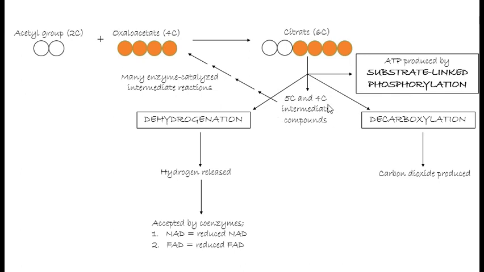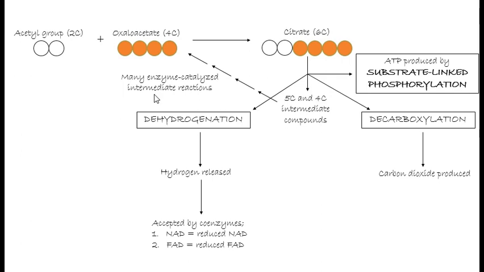You just have to know that there are 5-carbon and 4-carbon intermediate compounds formed when citrate is dehydrogenated and decarboxylated. So in my previous videos, I discussed the meanings of the terms dehydrogenation and decarboxylation, but I will talk to you all about them once again.